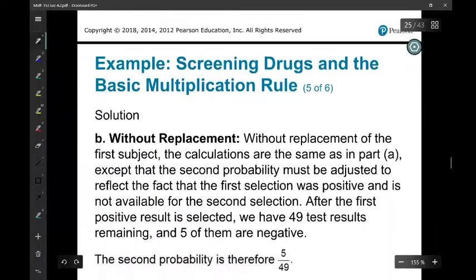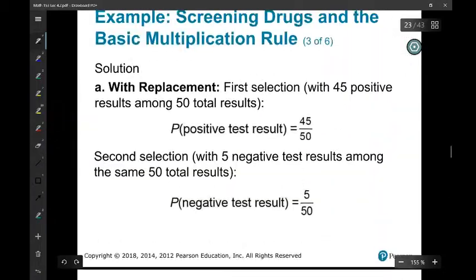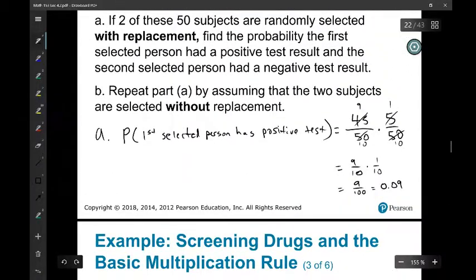Now, without replacement, let's go back up to here. So the probability of a positive test, first person, is still going to be 45 over 50.